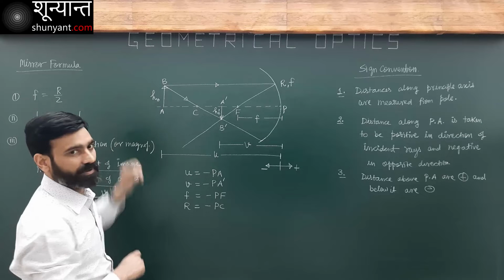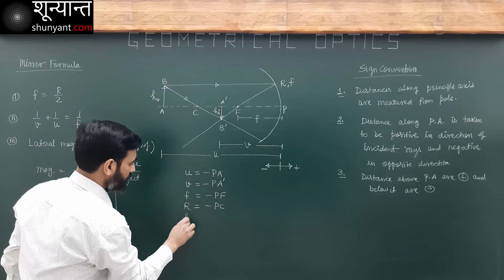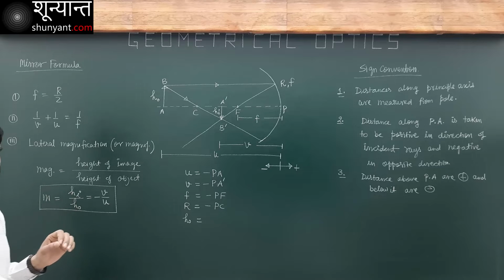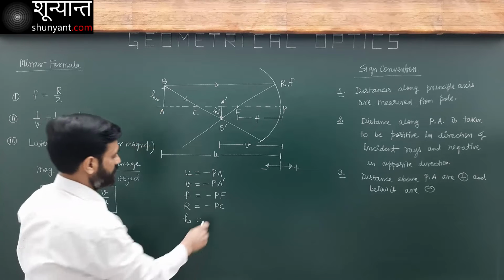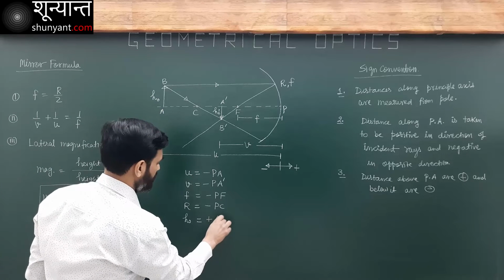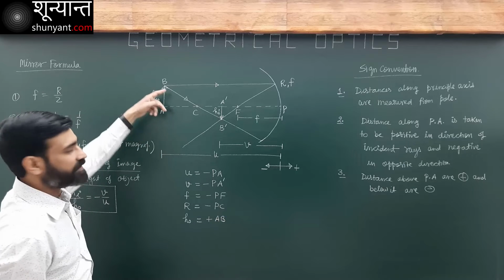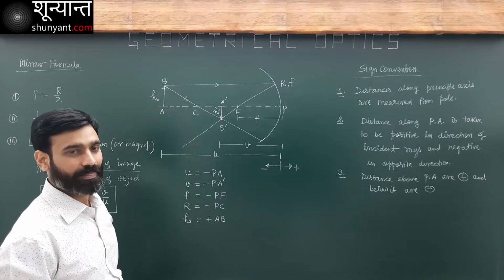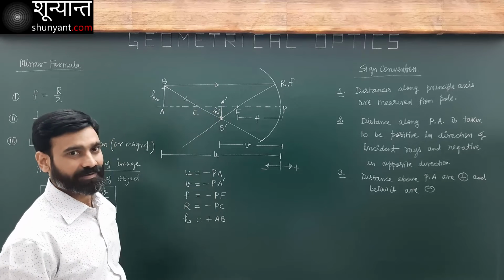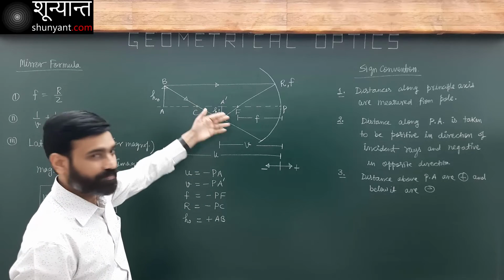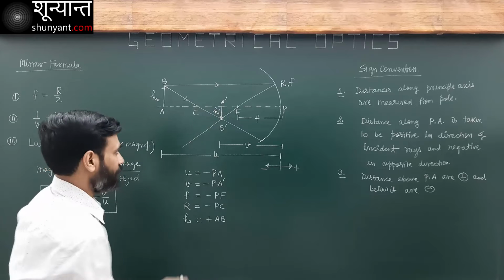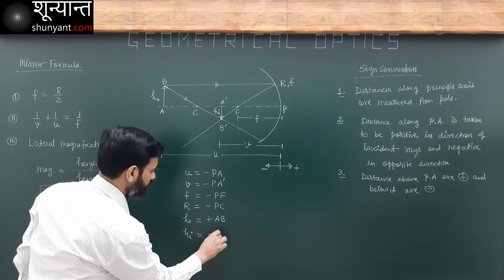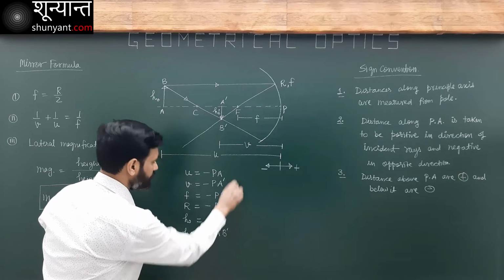This is the height of object. So if I want to write the height of object in this expression, I will write plus AB. So if AB is 2 centimeter, I will write height of object as plus 2 centimeters. Height of image: now this distance is below the principal axis, so it becomes negative. So height of image becomes minus of A dash B dash.